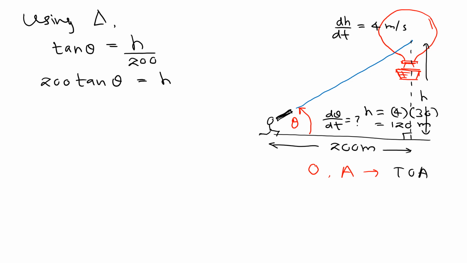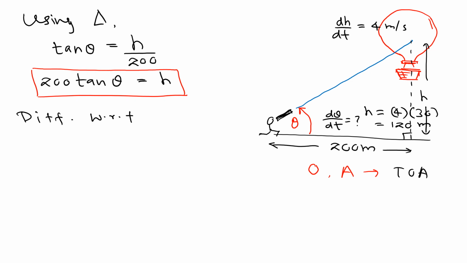That is the equation that relates the angle with the height, and you can see both of them are changing. So now we can take the derivative. We're going to differentiate with respect to time.